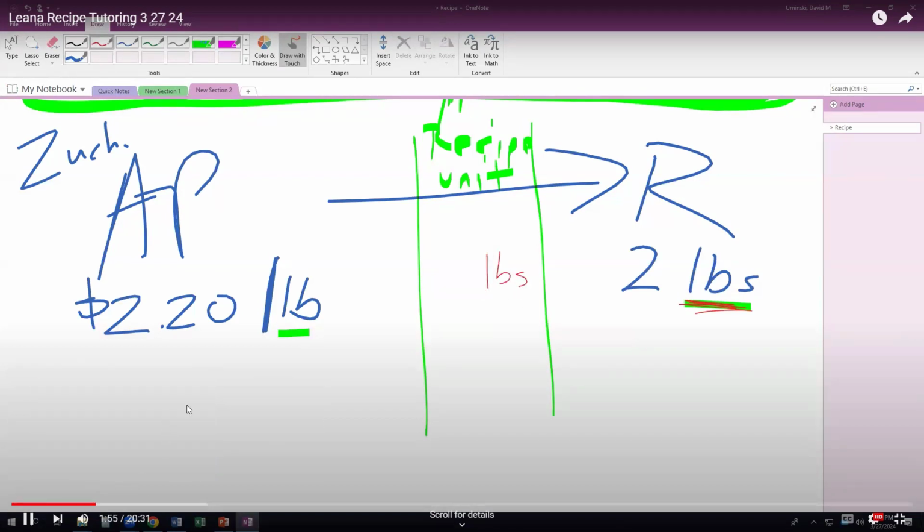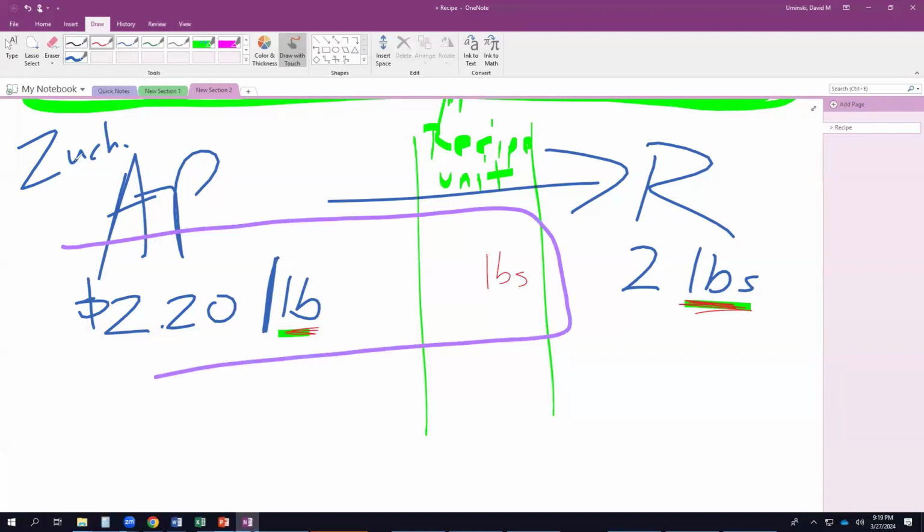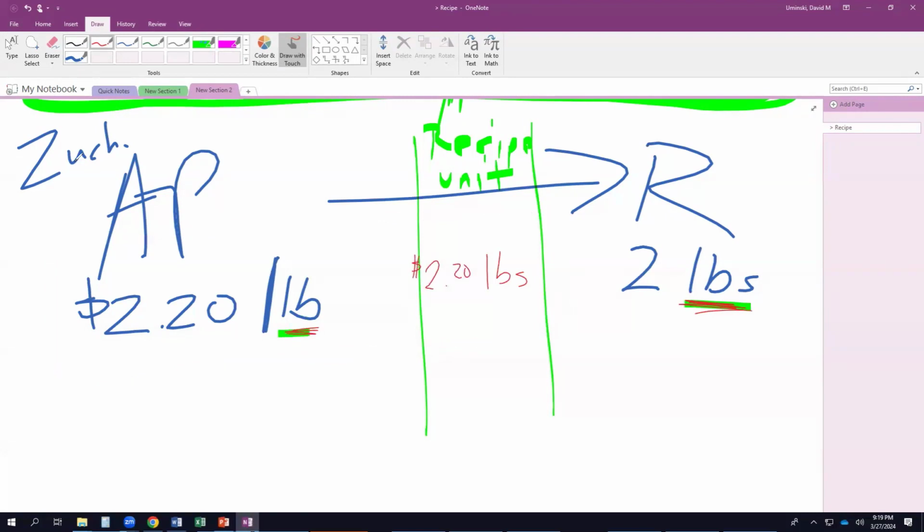Then that is going to help me realize that I need to take whatever is over here in AP and convert it to the cost of one unit. In this case, it's already in 1 pound, so we're in good shape. And then once we have the recipe unit cost, we multiply this column, recipe unit, times the 2 pounds that are needed, and that will give us the cost of our ingredient.